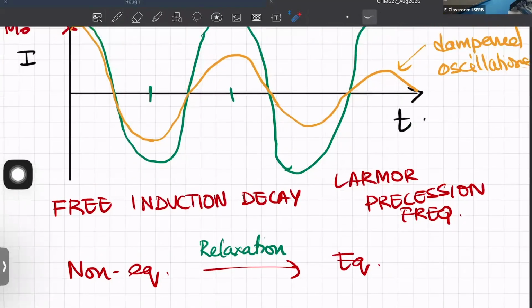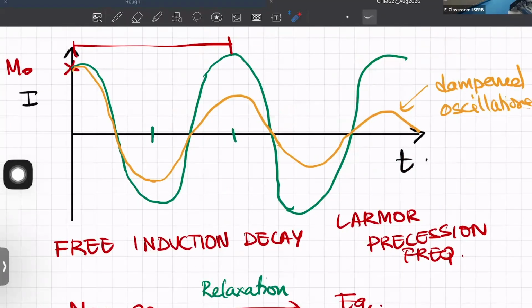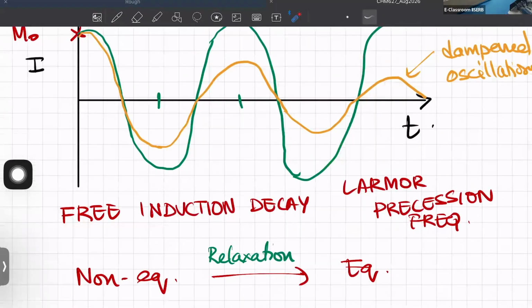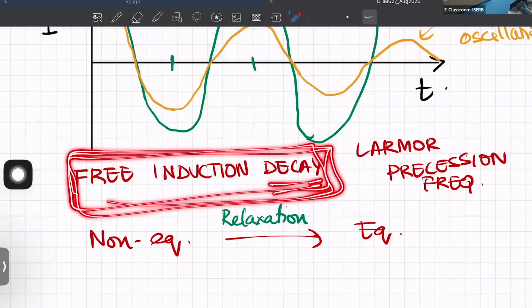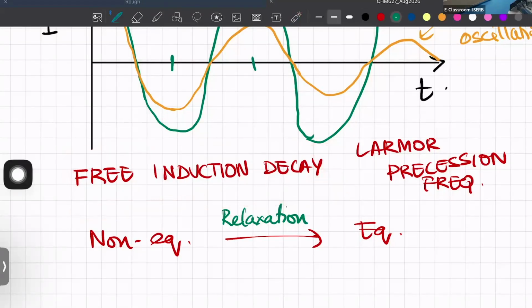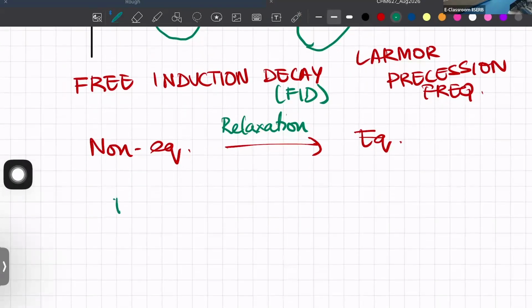The mere fact that you started in a non-equilibrium condition and let this happen over a function of time, this signal decays, and the signal that we measure after the perturbation is often referred to as FID, free induction decay. But we wanted a frequency, and we are getting a time domain signal. So you take the free induction decay and put it through something called a Fourier transformation.